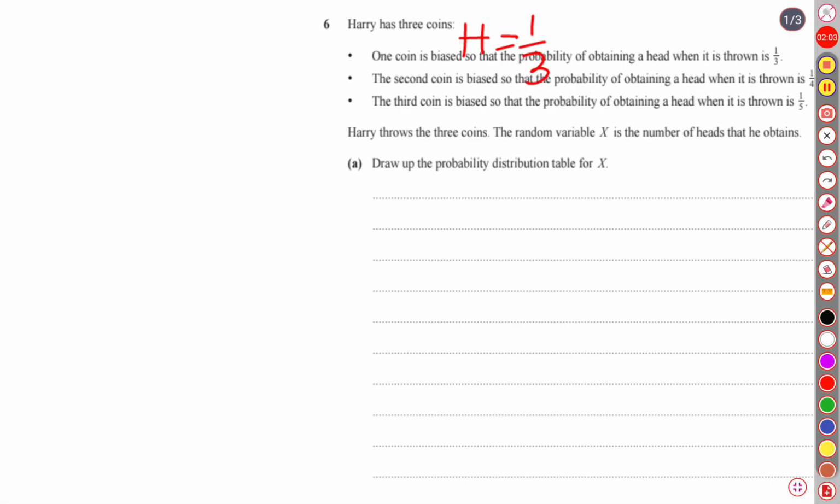one third. So if the probability of head is one third, the probability of tail is going to be two thirds, isn't it? Meaning 1 minus p. The probability of head of the second coin is given as one fourth.